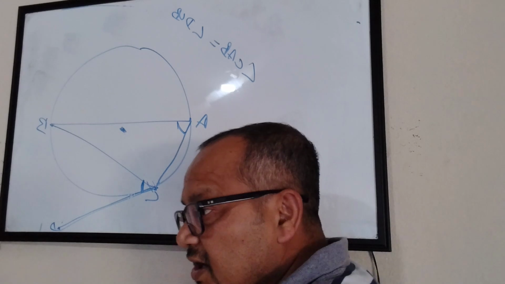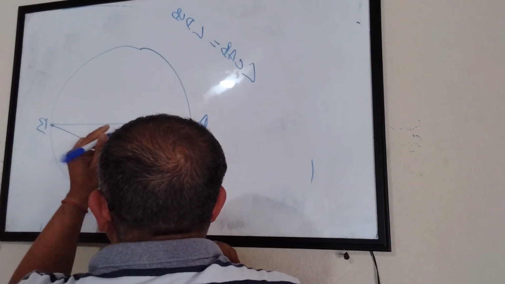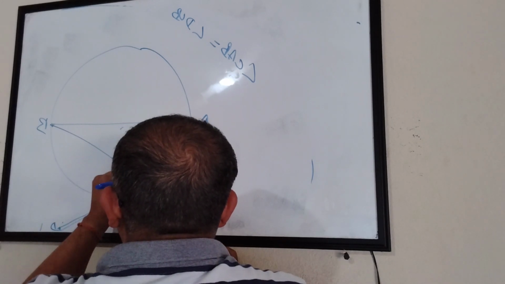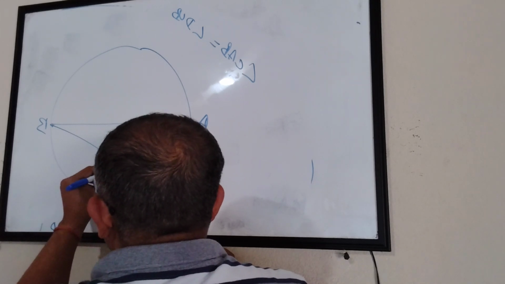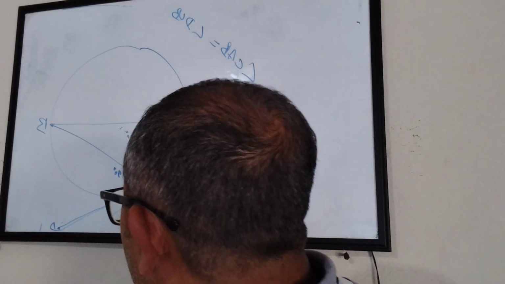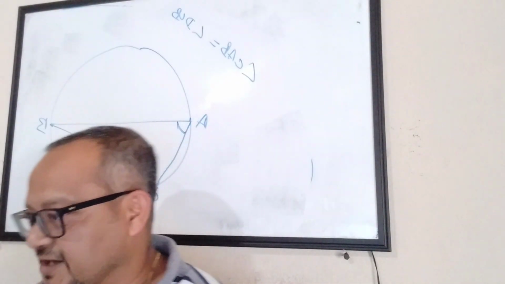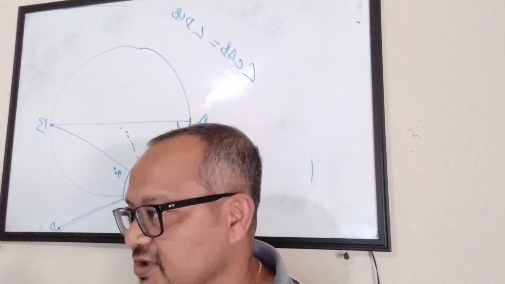This is what is to be proved. Now I'm saying this is my center, so let me put a dotted line here, and this dotted line is making 90 degrees. Now, again, stress out your brain and tell me if you can guide me how I can prove this.